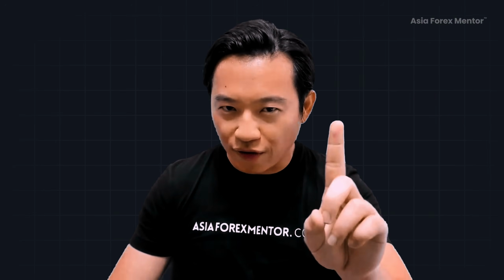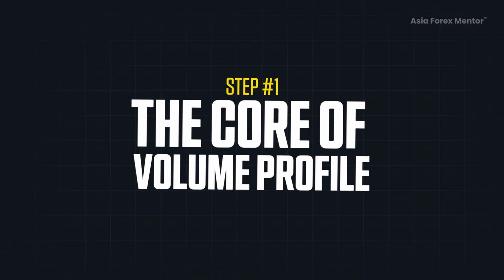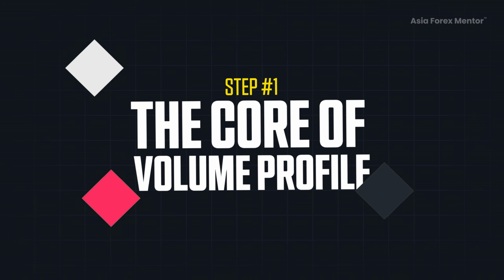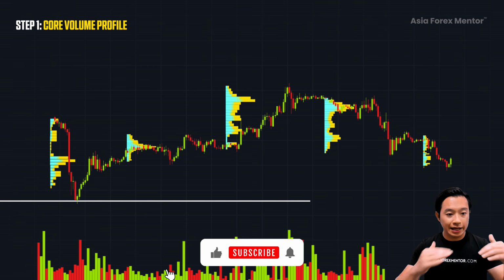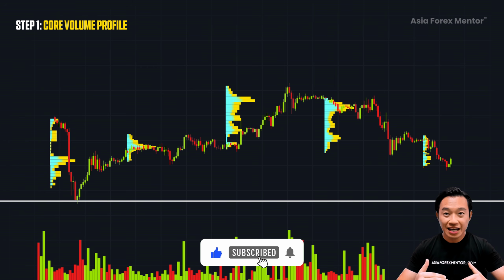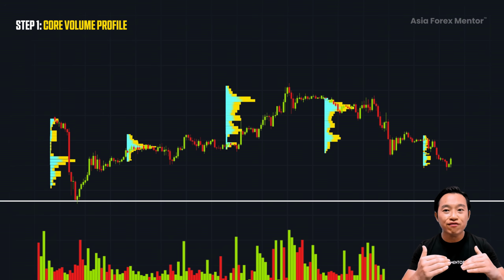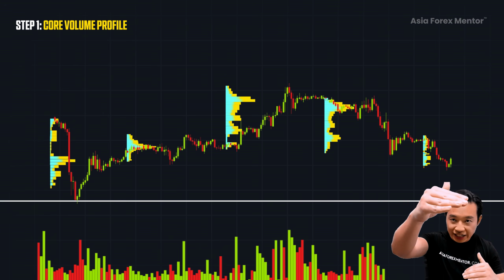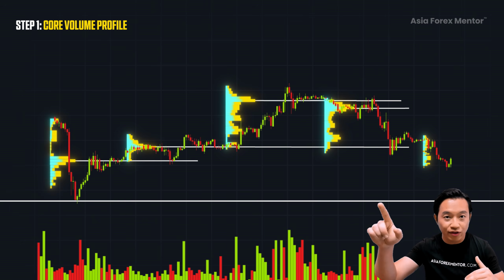So now that brings us to the first step, which is the heart of this tool, the core of volume profile. Unlike those volume bars typically at the bottom of your chart, the volume profile is different. It stacks the information on the chart itself, vertically, right along where all those price levels are.